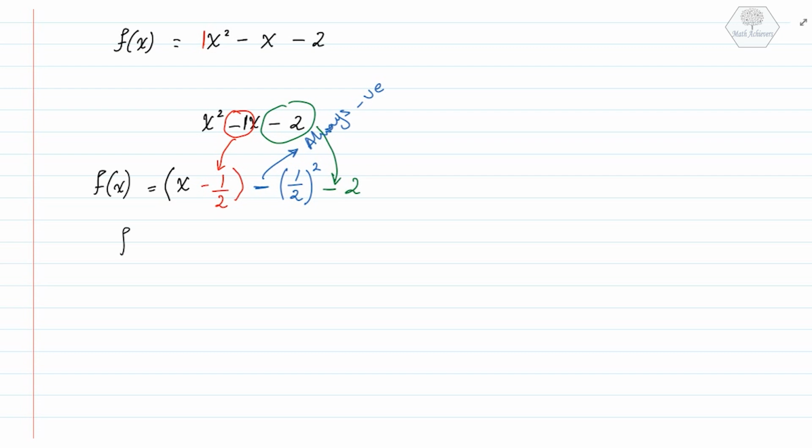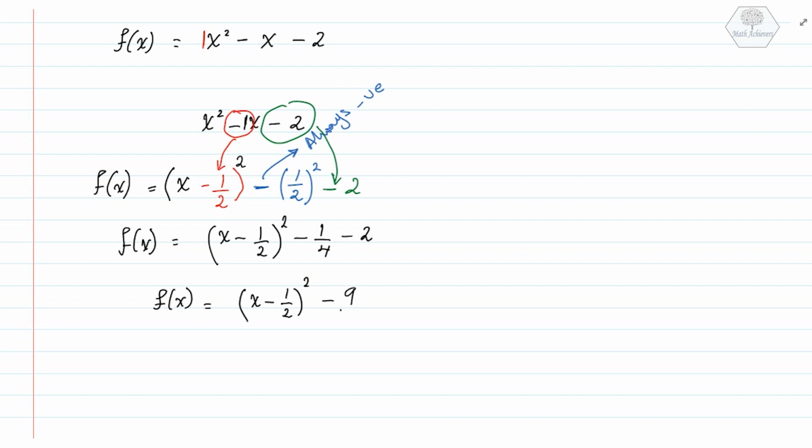We can continue. It's f of x is equal to x minus half squared, minus half squared is 1 over 4, minus the 2, giving me f of x equal to x minus half squared minus 1 over 4 minus the 2, which is minus 9 over 4.